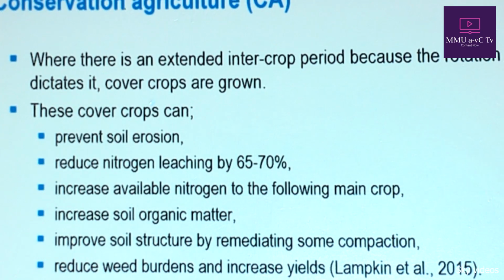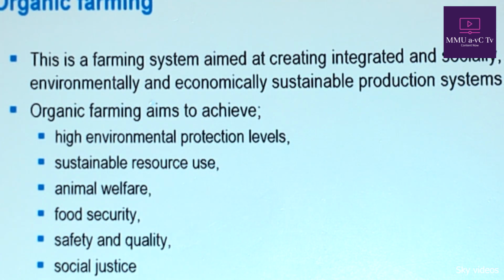They increase soil organic matter, improve soil structure by remediating some compaction, reduce weed burdens and increase yields. So conservation agriculture is very key when it comes to implementing agroecological farming practices.